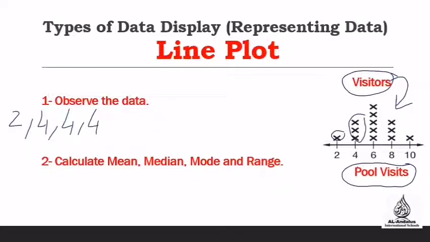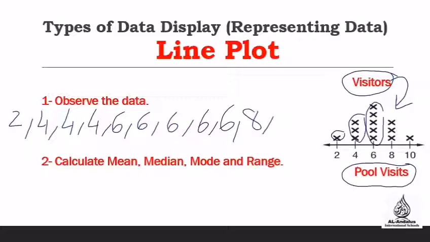Here I have 1, 2, 3, 4, 5 visitors who visited the pool 6 times. So the 6 is repeated 5 times. Here I have 3 visitors who visited the pool 8 times.